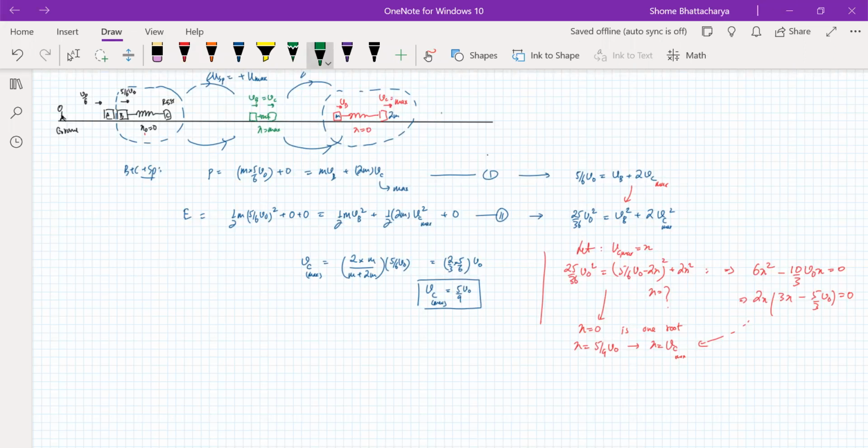So from here, it will go to a state where it's at maximum extension instead of maximum compression. And then from there, it is back to the first picture. At that moment, this will be 0.